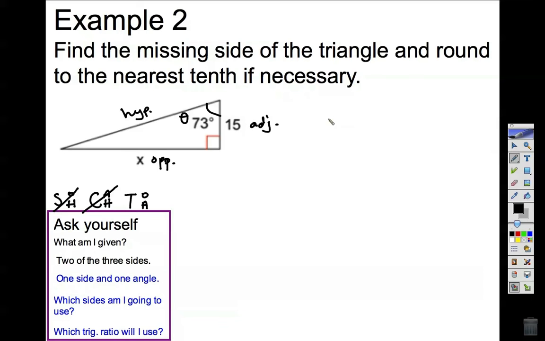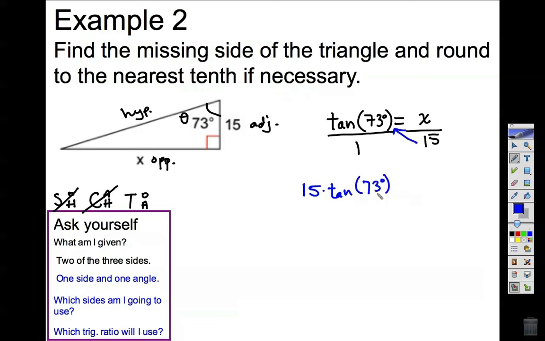So to get this started, tangent of angle 73 degrees equals opposite, which is x, over adjacent, which is 15. Set this over 1 so we can see the cross multiplication happening. This is 15 times the tangent of 73 degrees is equal to 1 times x, which is x. There's no need for me to divide anymore.